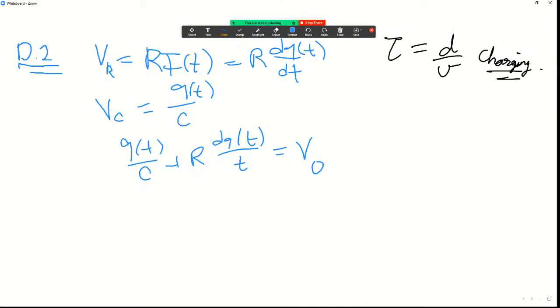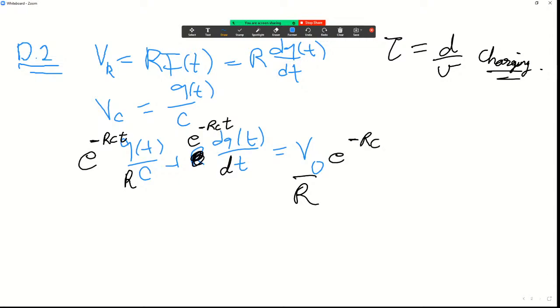Okay, so then we can use an integrating factor by dividing by R here and multiplying with e to the power negative RCt.